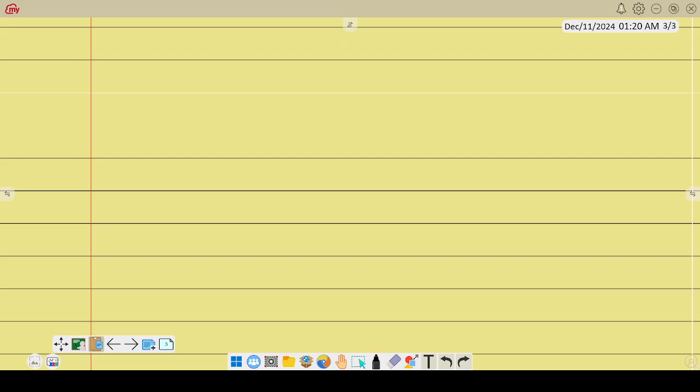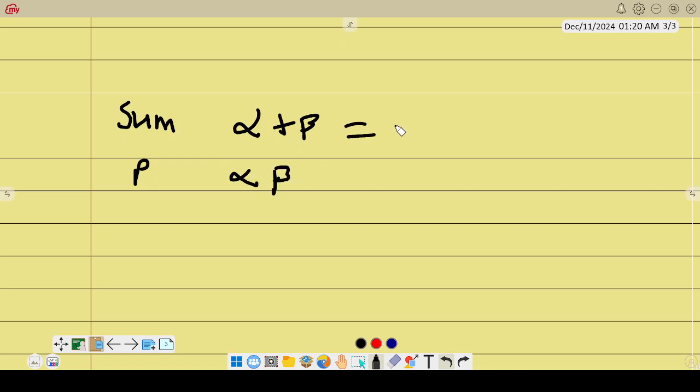What we do is find the sum of the given equation, the alpha plus beta, and then the product, alpha times beta. We write those. From there, we're now going to find the sum of the new equation.